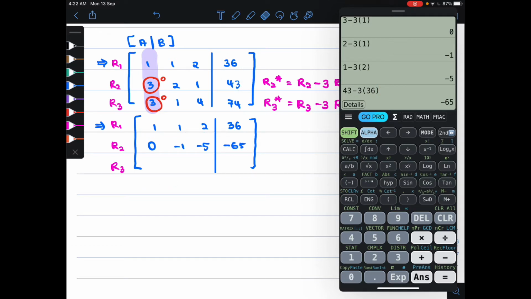So settle untuk R2 yang baru. So sekarang ni kita buat pula untuk R3 yang baru, gunakan formula yang ni.